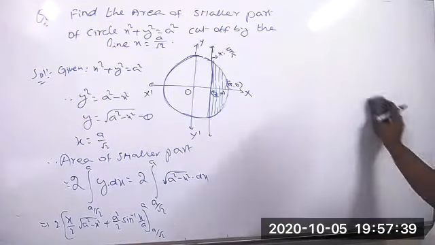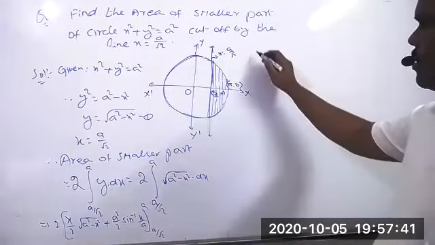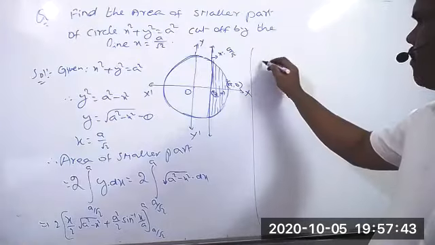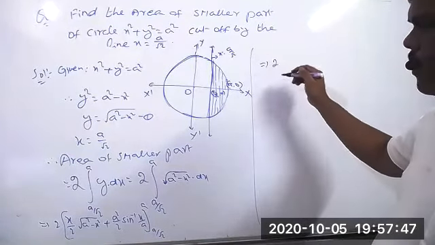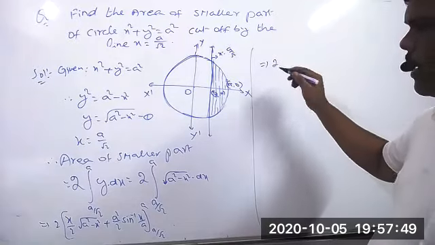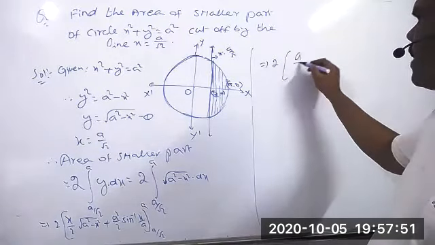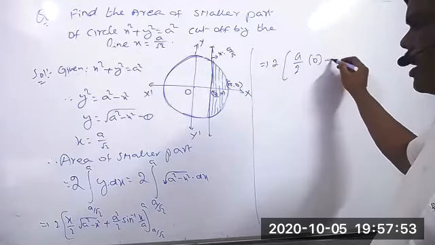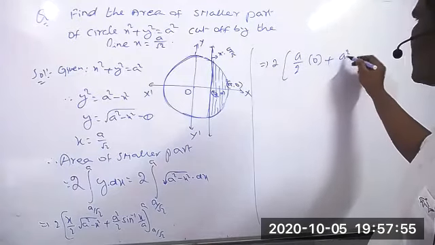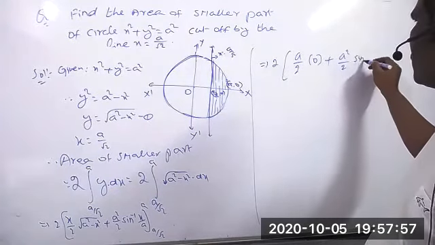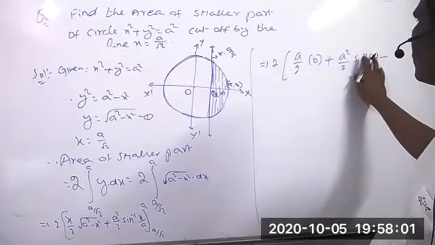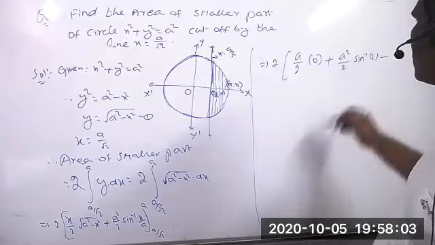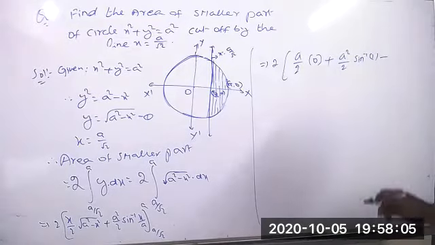Now substitute the upper limit minus the lower limit. 2 into upper limit a, so a by 2 into a, that has become 0 only, plus a square by 2 into sin inverse of 1, minus of sin inverse of 1 minus of a by root 2.